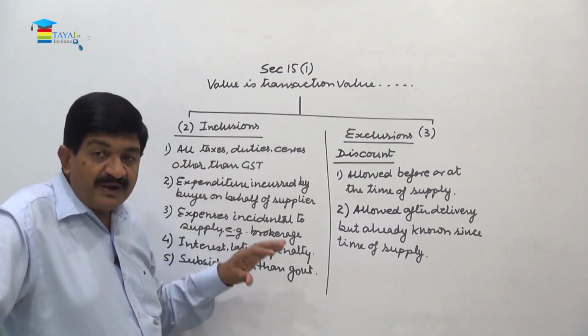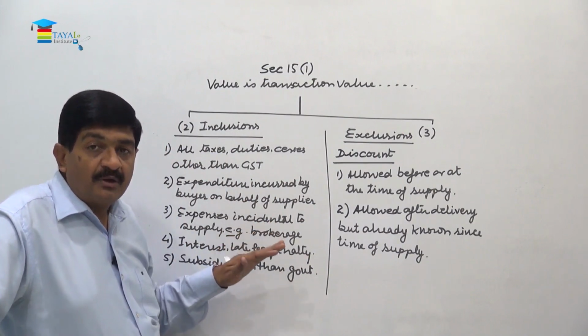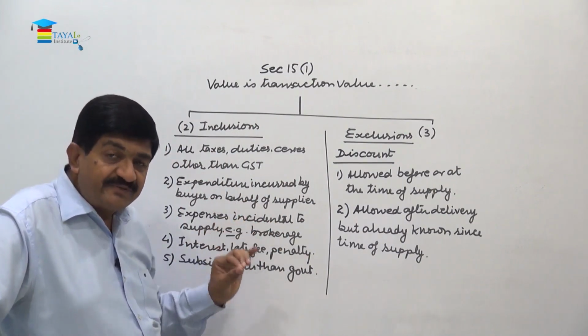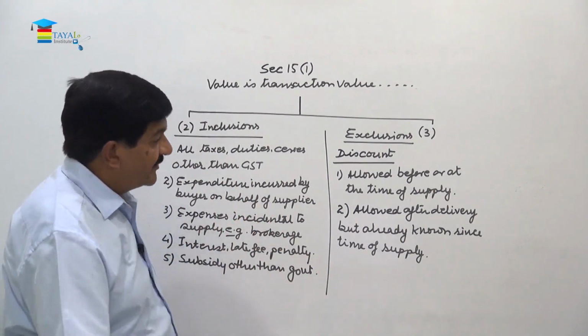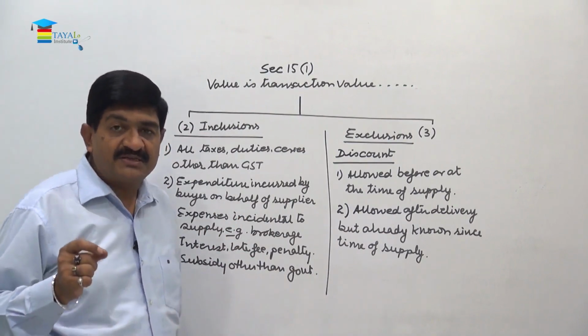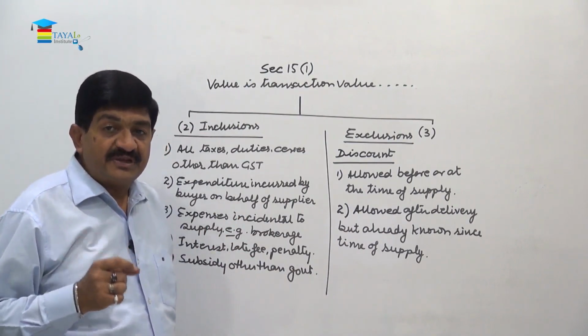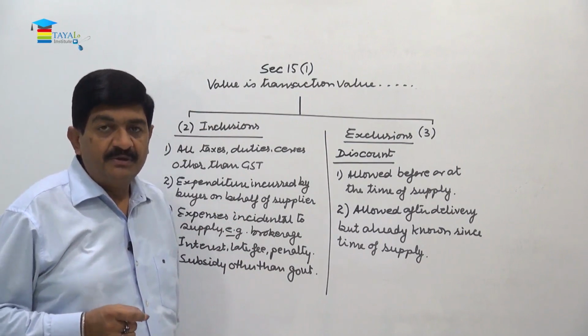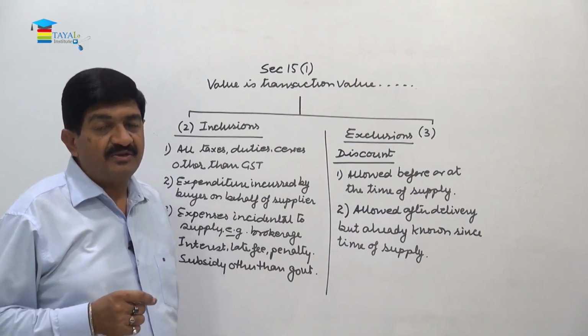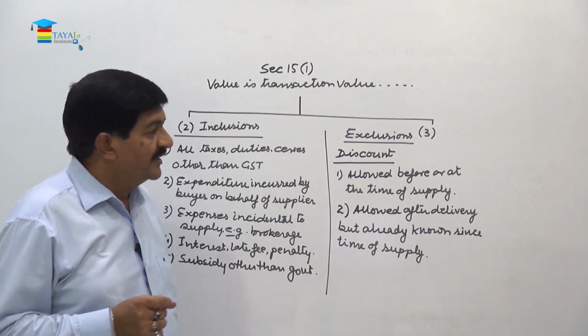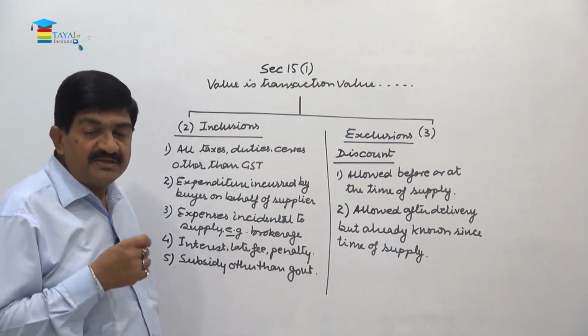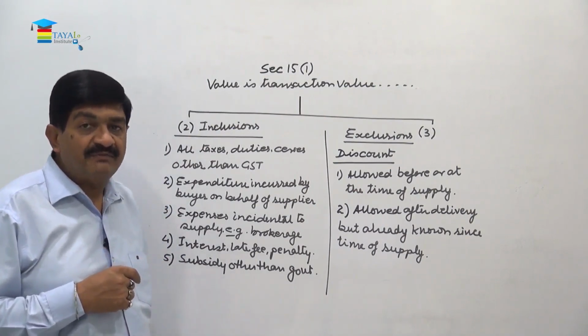So in this part of video we have talked about section 15. Section 15 subsection 1, that says the value shall be the transaction value which is actually paid or payable, where price is the sole consideration and parties are not related. Subsection 2 says what is required to be included in the value.